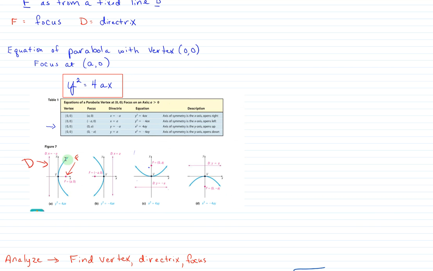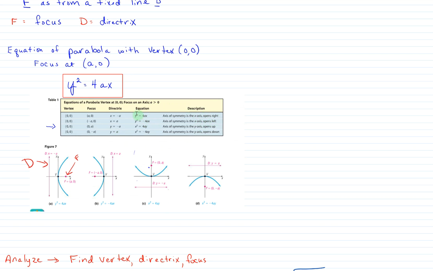But we also have the y squared equals 4ax and negative. So this chart is really helpful to do your work. The vertex, you can see it's always 0, 0 in this one, but the focus changes, the directrix is different, the axis of symmetry is the same, but it opens differently.